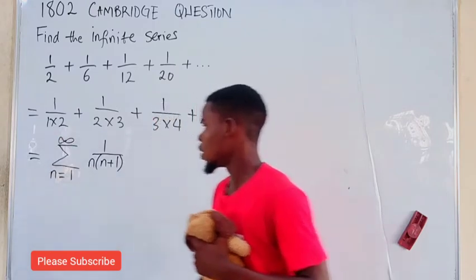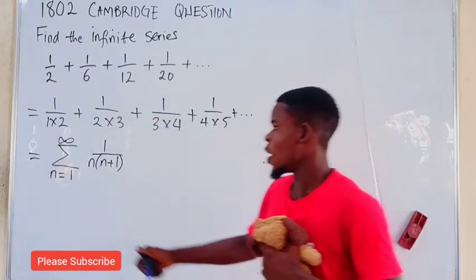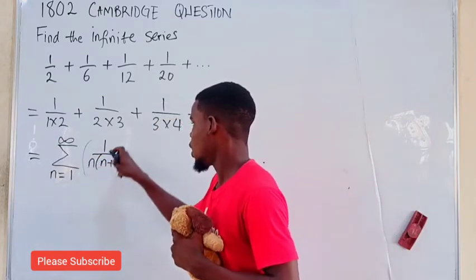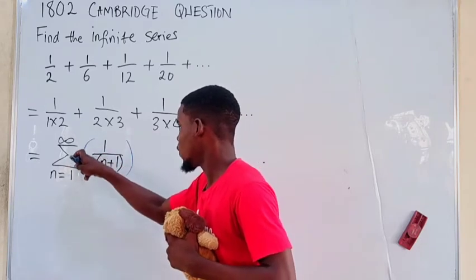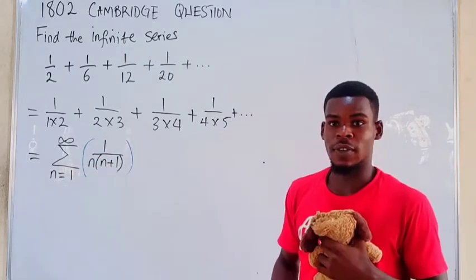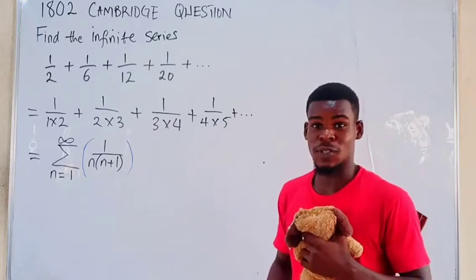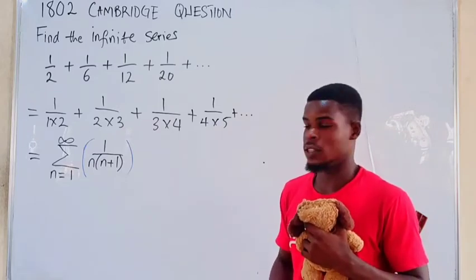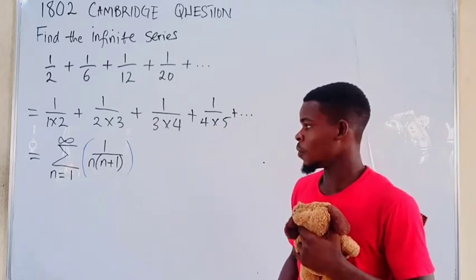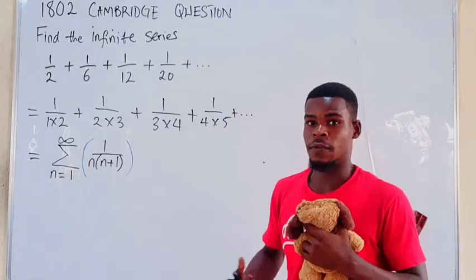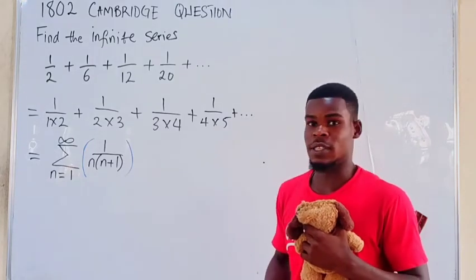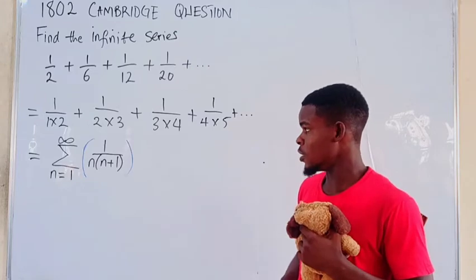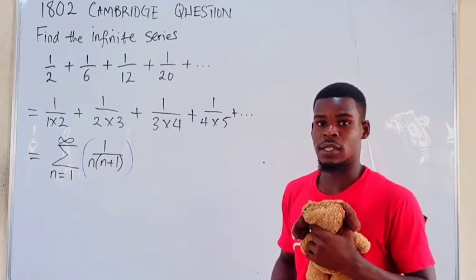Great. And now, this is a well-known structure. Whenever we have a sequence of that form, we go ahead and resolve it to partial fractions, and that will make everything very easy for us. So we'll go ahead and resolve this fraction here to partial fractions, and then when we plug back in here, we can figure out what this series will be.